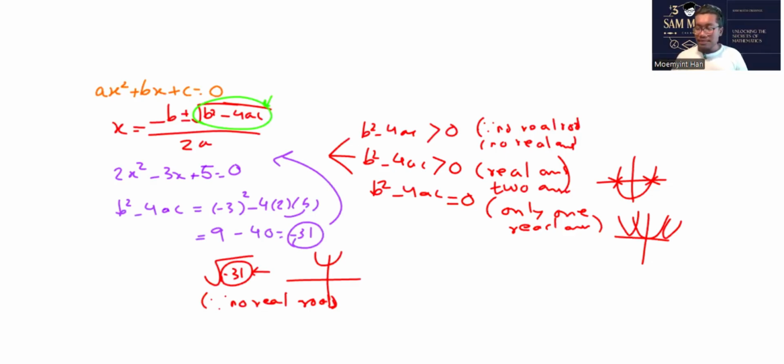Okay, so let's say we have an equation that looks like 3x squared minus x minus 1 equals 0. So let's check the discriminant b squared minus 4ac.